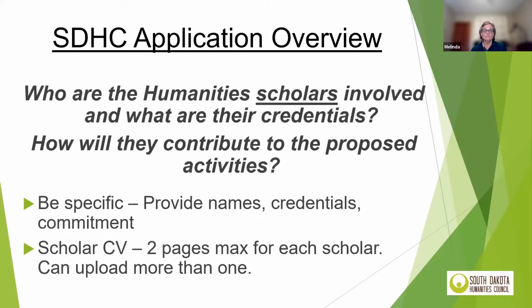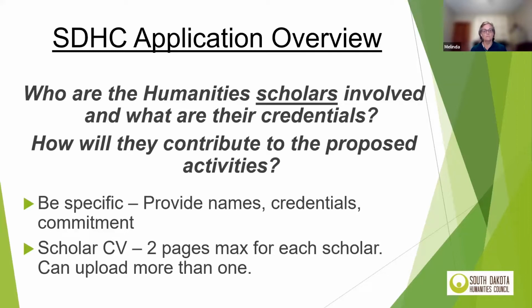Who are the humanities scholars involved and what are their credentials? How will they contribute to the proposed activities? Here you'll need to tell who your scholar is, or if you have more than one, who all of them are. Keep in mind, they do not need to be on our scholar list for Speakers Bureau. Your application will be stronger if you can explain that you have a firm commitment from them.